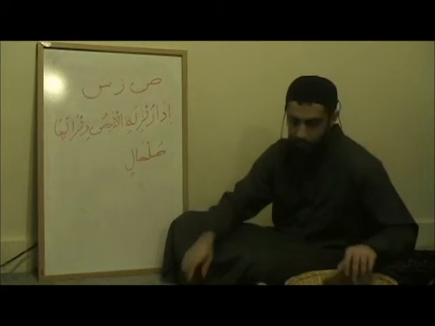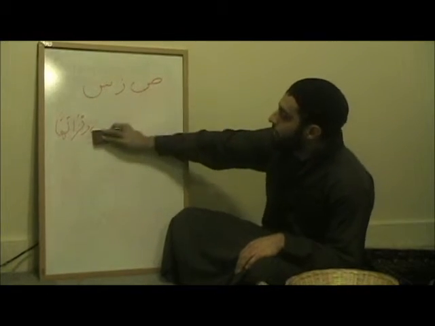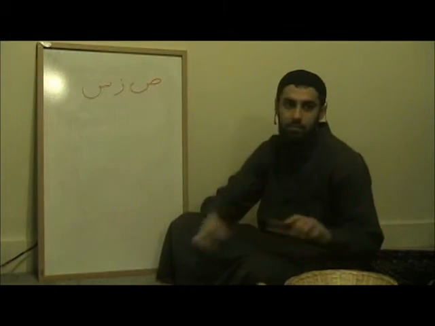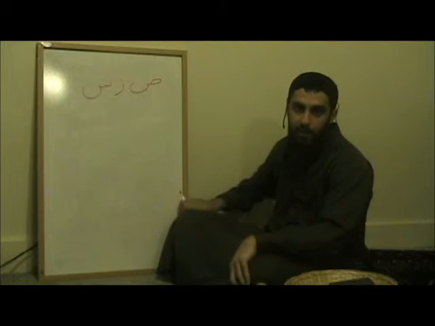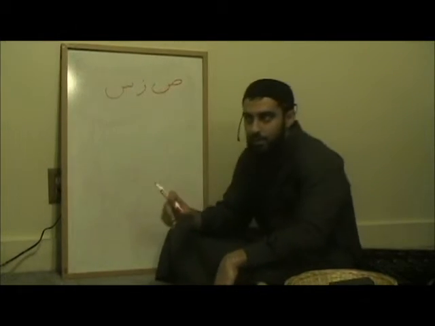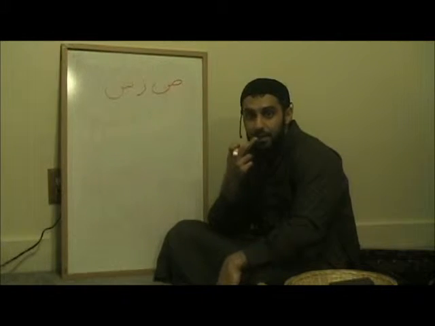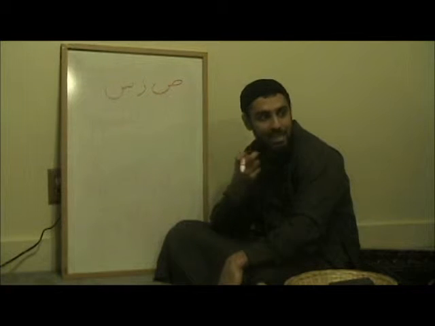I'm jumping ahead, but these are not that hard in terms of makharij. What's hard is knowing which one to say when, but theoretically they're not that difficult. The last three in the tongue are the letters that come through the teeth, the tongue actually coming through the teeth.